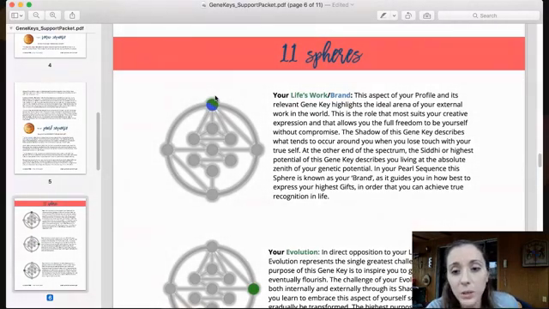The shadow is what tends to occur when you lose touch of your true self. On the other end of the spectrum, the Siddhi or highest potential is you living your absolute zenith of your genetic potential. In the pearl sequence, the sphere is known as your brand, as it guides you in how best to express your highest gifts so that you can achieve true recognition in life. So that's kind of what the life's work is.